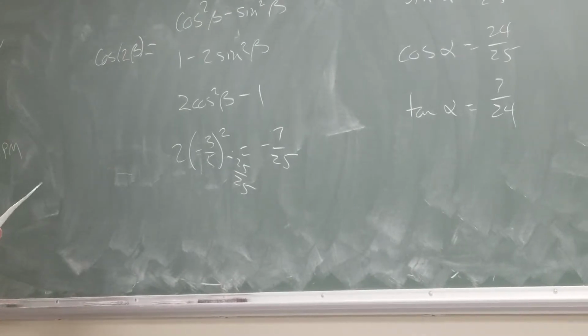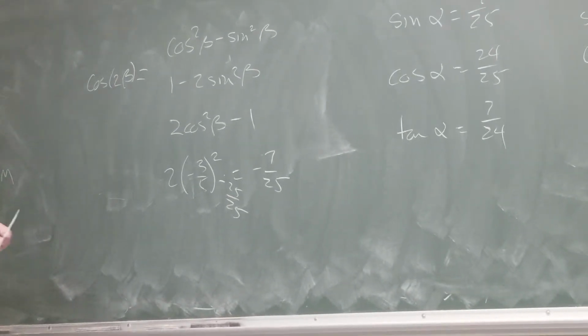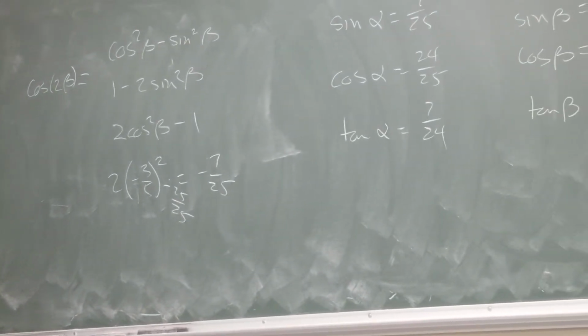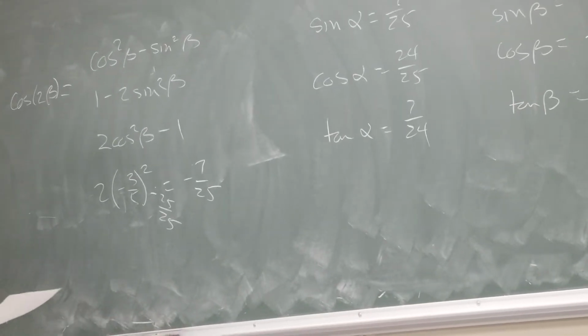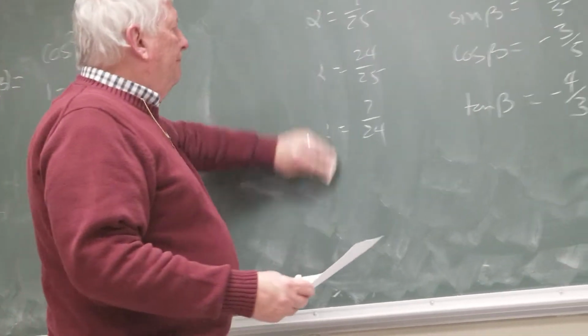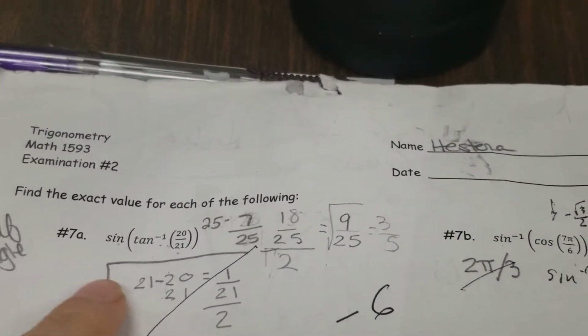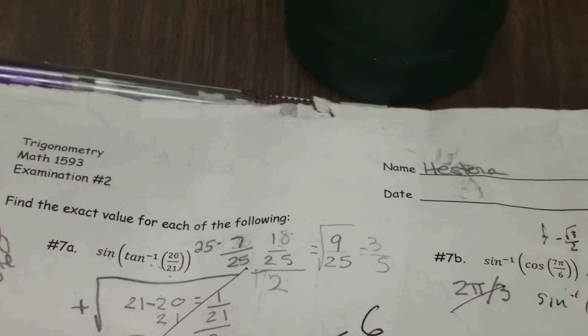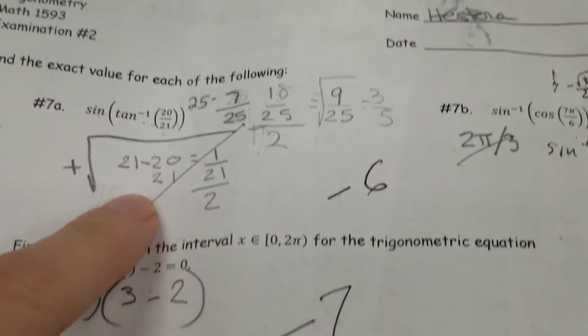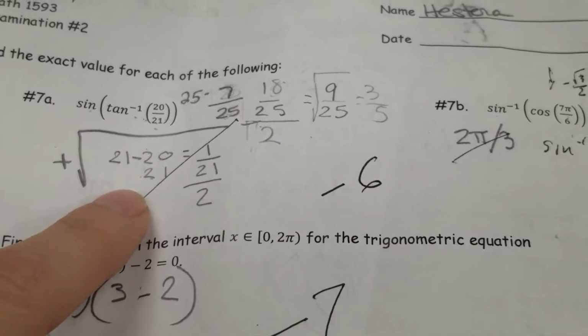Okay, and page 2, find the exact values of the inverses. Sine of the inverse tangent of 20 over 21.